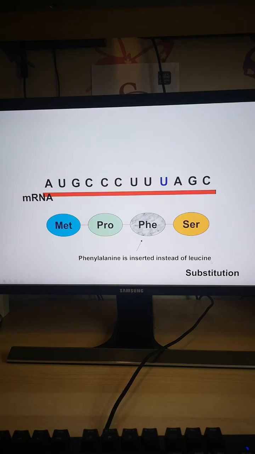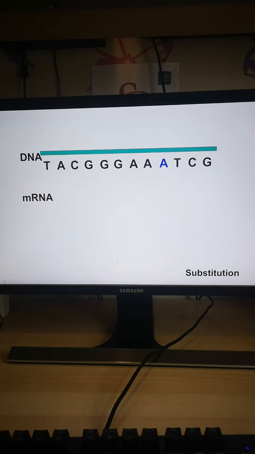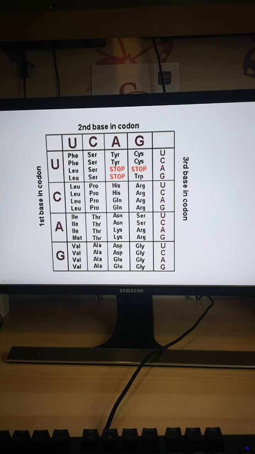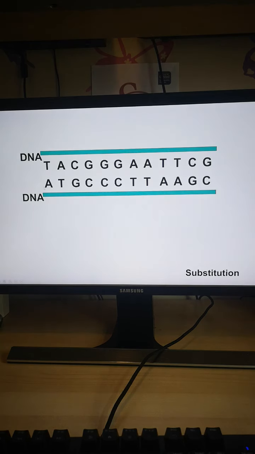So instead of leucine, we've got phenylalanine. That's because we've gone from UUA to UUU. If we have a look at our table, we've gone from UUA to UUU at the top there. So we've actually changed amino acid.